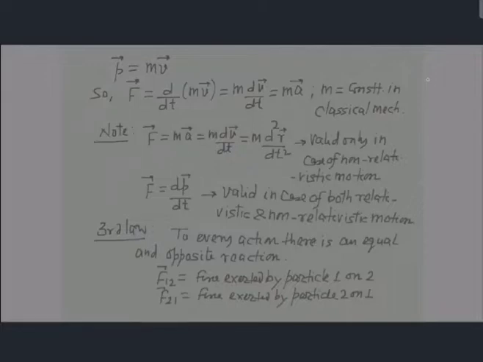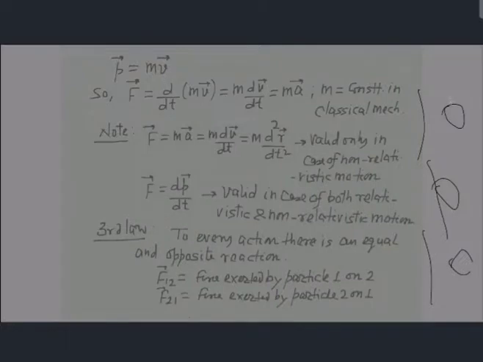Now in physics, how to understand this thing? Suppose there is a wall and you have a ball. Now when you hit the ball on this wall, what will happen? The ball will apply some force on this wall, and the ball will be reflected back by the wall.